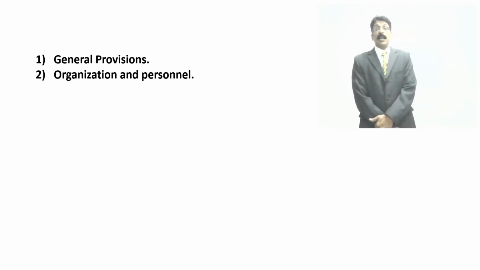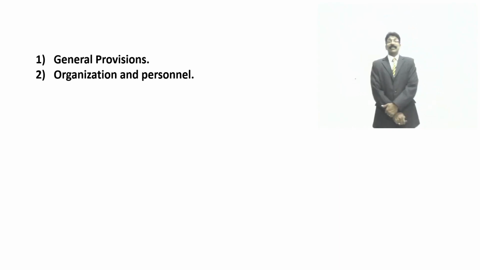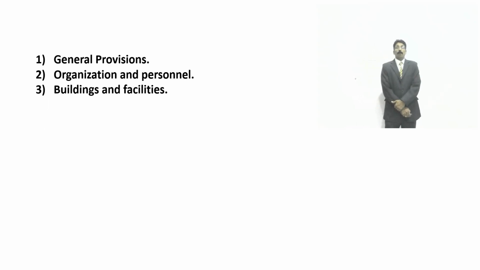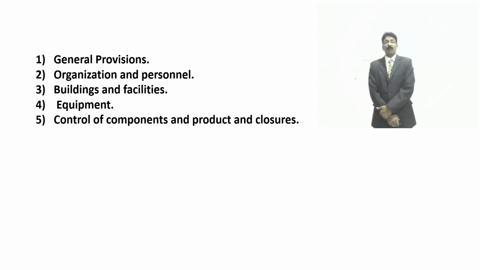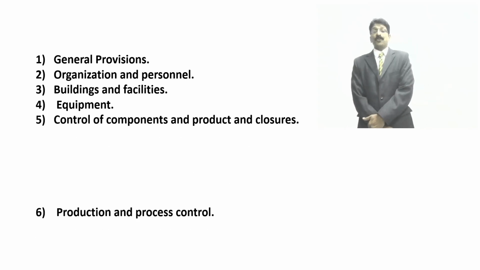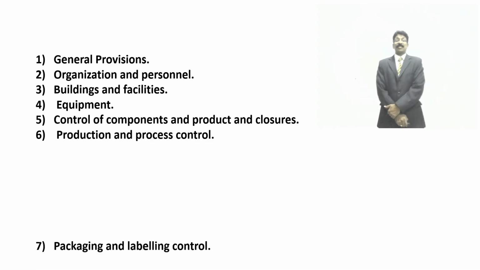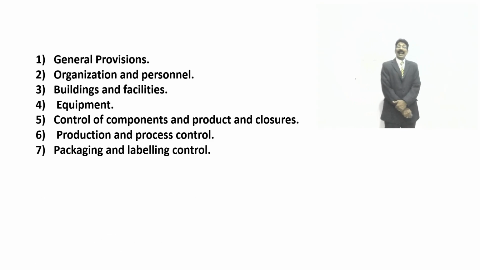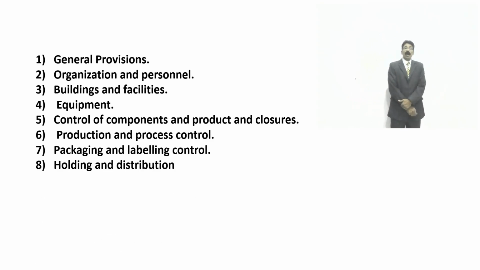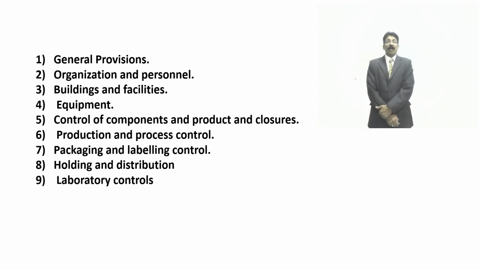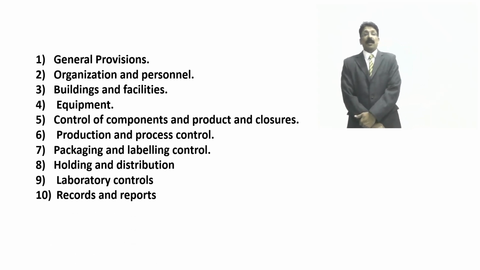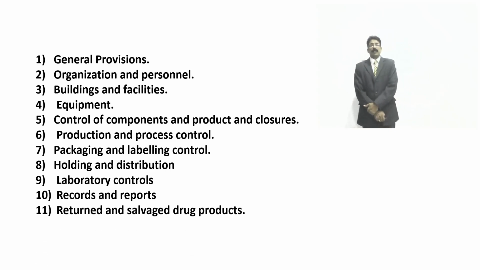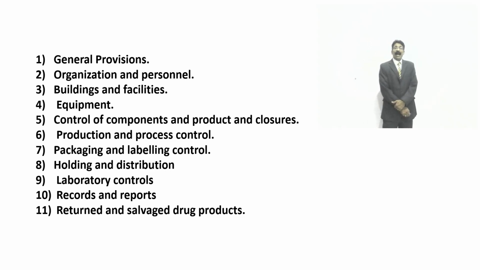General provisions, organization and personnel, building and facilities, equipments, control of components and product and closures, production and process control, packing and labeling control, holding and distribution, laboratory controls, records and reports, returning and salvage drug products, the 11 points which we are going to discuss today.